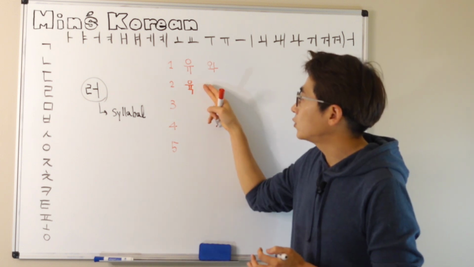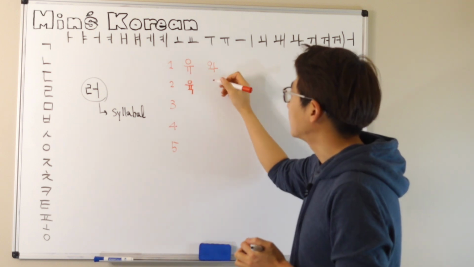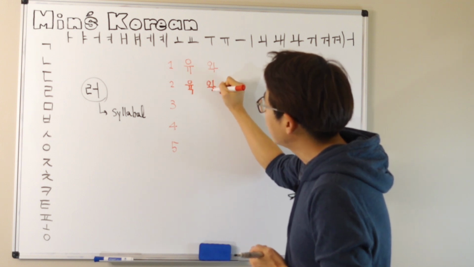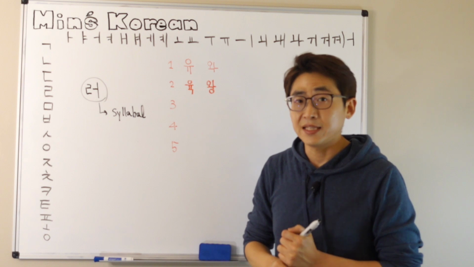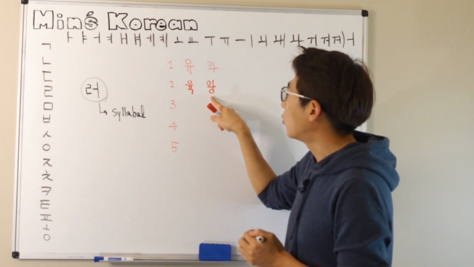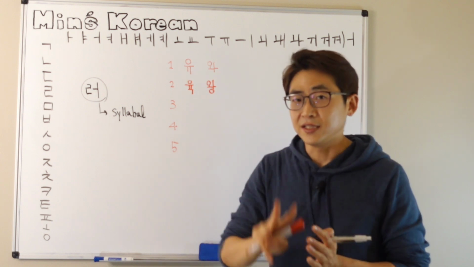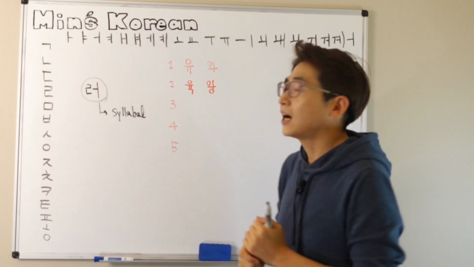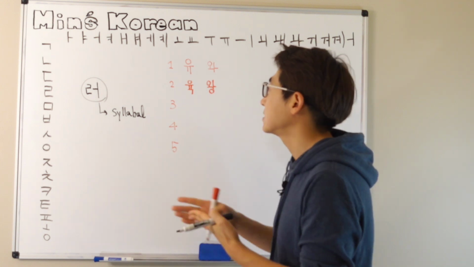So vowel sound with consonant ending. Let's do another example. We can do "wa" and then give it iung as an ending as well, and it becomes "wang."